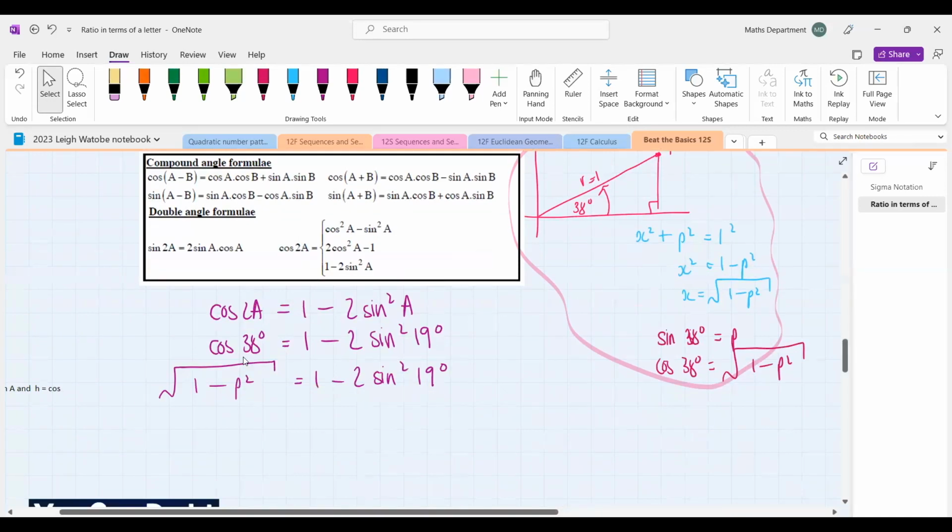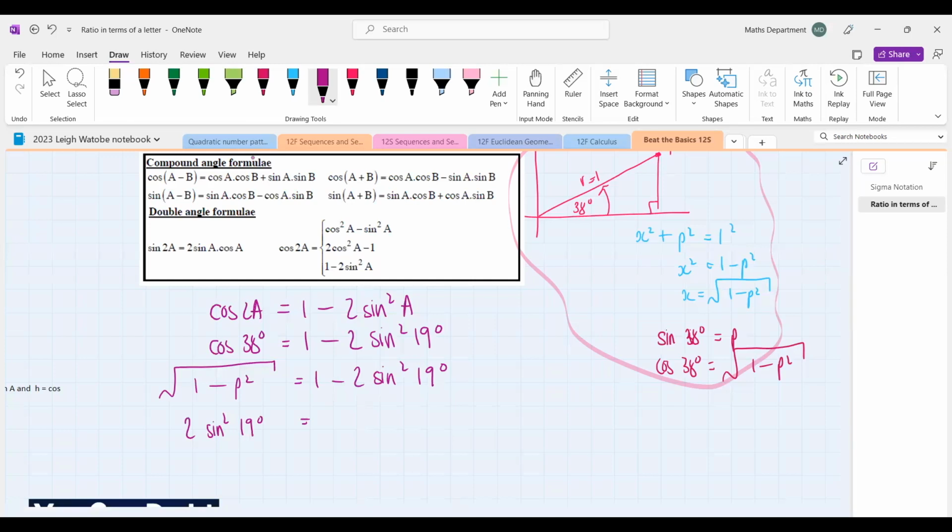Okay, so the cos of 38 in terms of my diagram is root 1 minus p squared. So what I'm going to do is transpose. I'm going to take the minus 2 sine squared 19 over to the other side, so it's 2 sine squared 19, and I'm going to bring my root 1 minus p squared over to the other side.